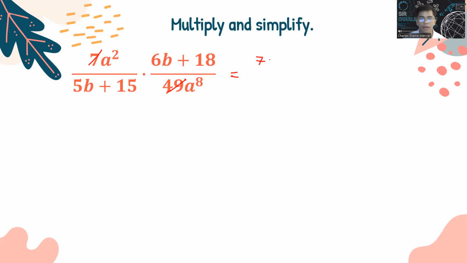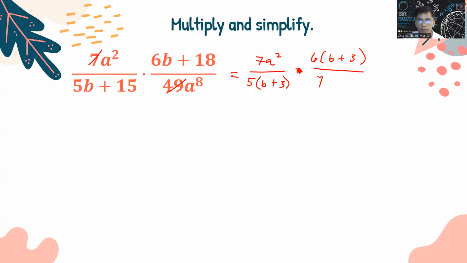We have 7a squared over yung 5, i-factor out natin. We have 5 times the quantity of b plus 3 times 6 times the quantity of b plus 3 as well. And also, i-factor out naman natin yung 49.